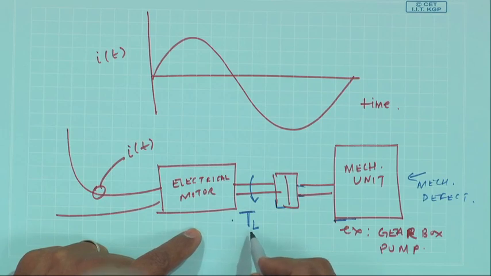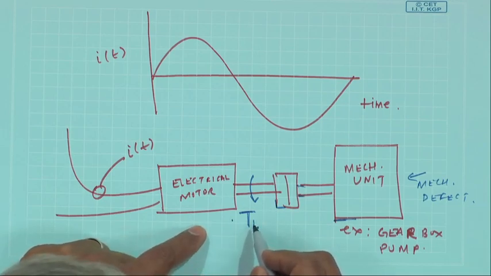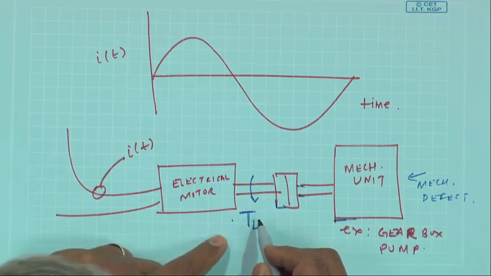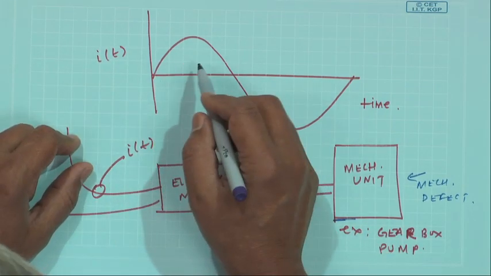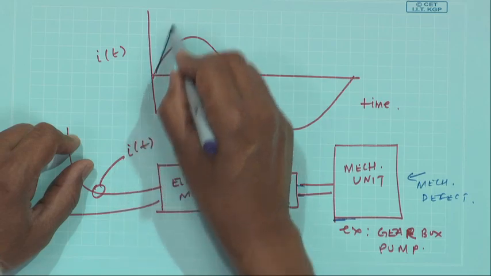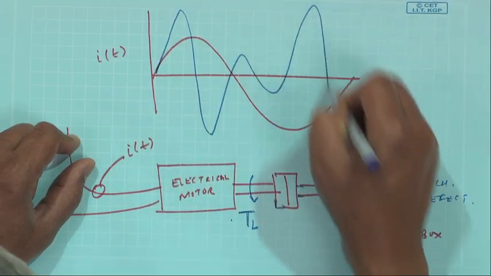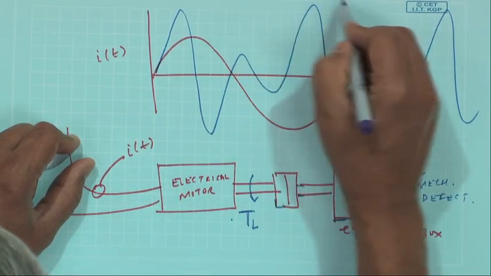So, imagine the motor is being subjected to a load torque because of a mechanical defect. Now, if the motor is subjected to a defect which is at a different frequency than the rotational frequency, the motor current may and will get modulated.